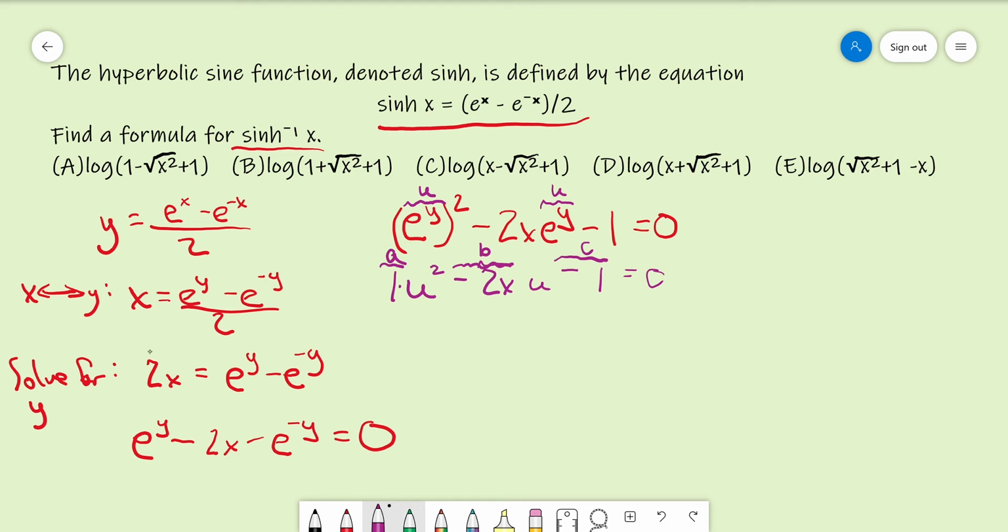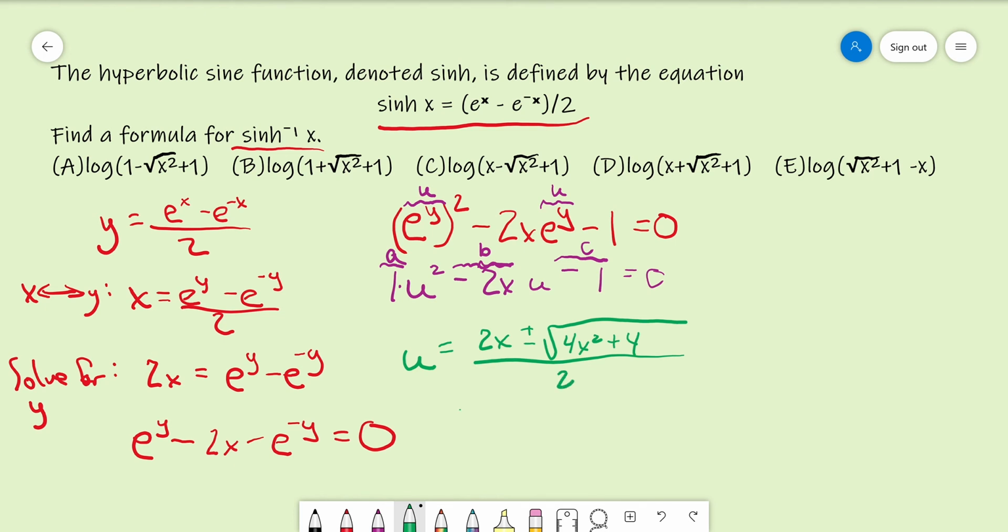So now we can just use the quadratic formula to write that u is equal to negative b, so that's going to be a positive 2x, plus or minus the square root of b squared, so that's going to be 4x squared, minus 4ac. 4 times 1 times negative 1, so that's going to give us a plus 4, all over 2a, so that's 2.